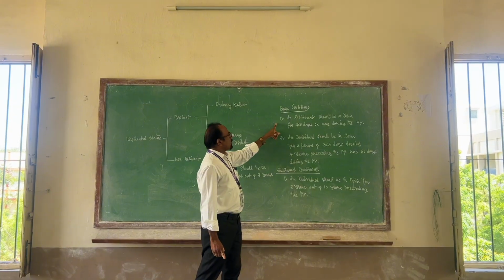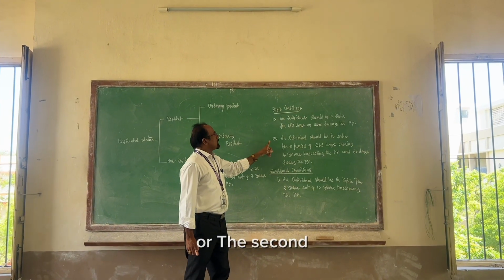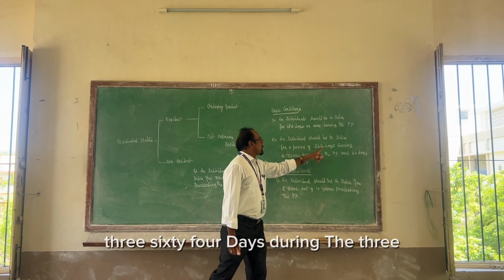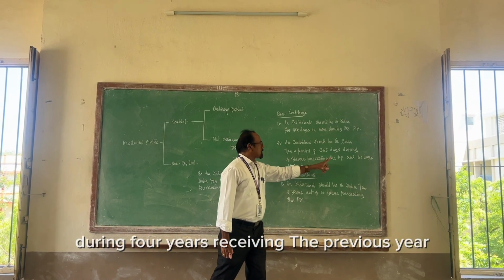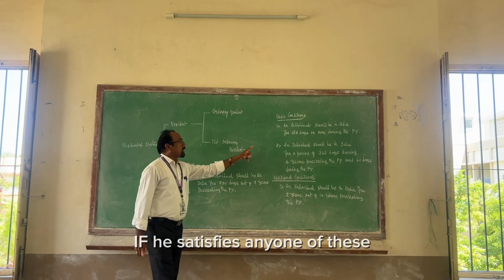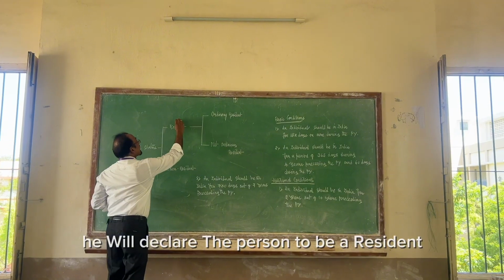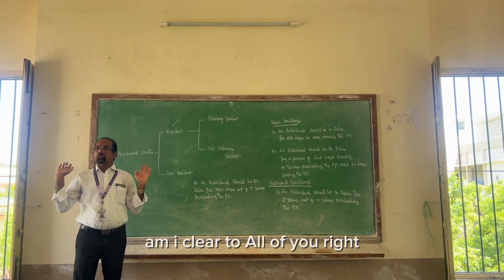Either the first one, stay in 182 days in India, or the second basic condition has 365 days during 4 years preceding the previous year and 60 days during the previous year. If he satisfies any one of these basic conditions, we will declare the person to be a resident in India. Am I clear to all of you?